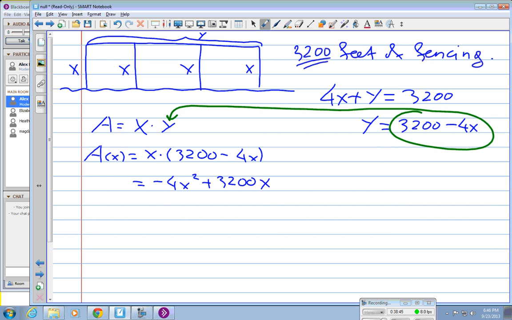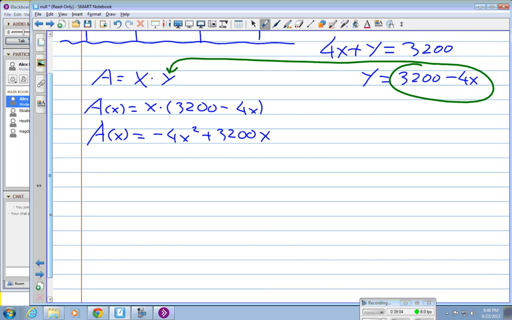Okay? Is that all right? That's a quadratic function, has a negative in front of x squared, therefore it has a maximum. So now we can find that maximum by doing our vertex.